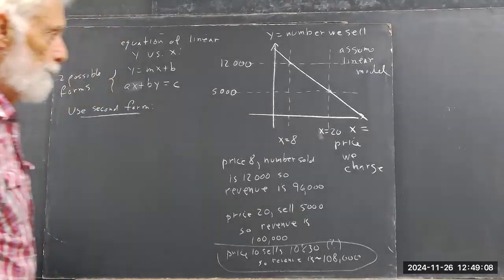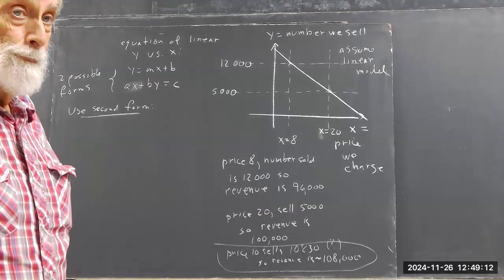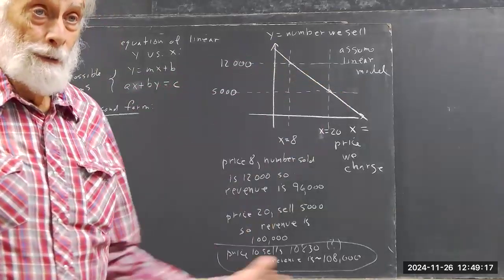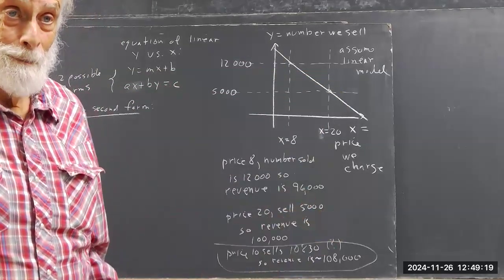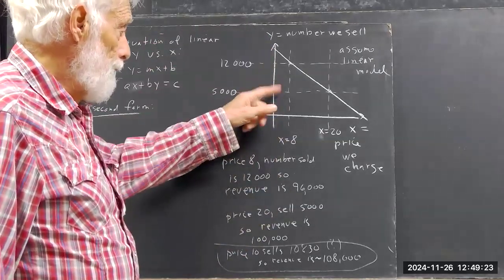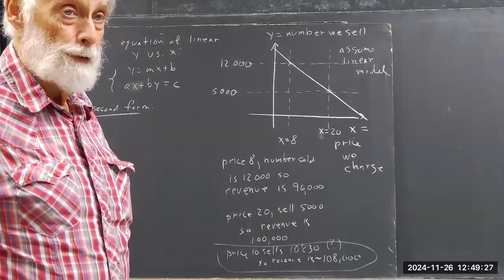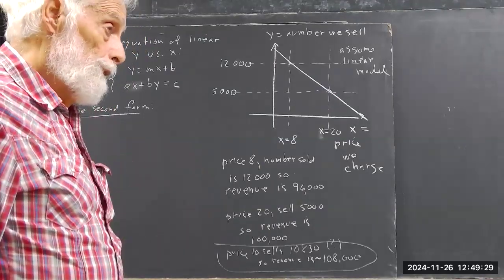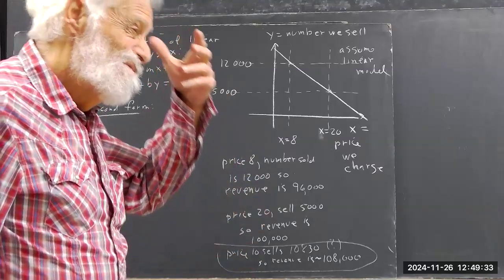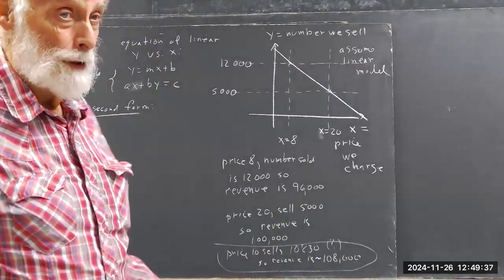Now, in the prep class, we did a similar model. We used slope-intercept form because we've got a fundamental triangle standing right there smiling at us. We can see that the rise is negative 7,000 and the run is 12. Negative 7,000 over 12 is about 583.33, I think.